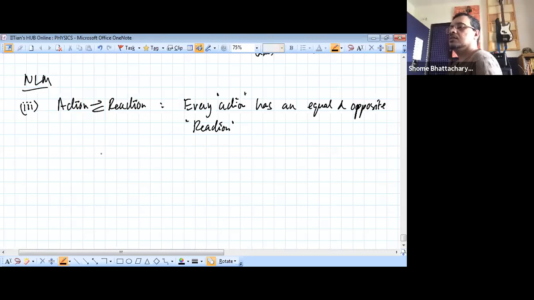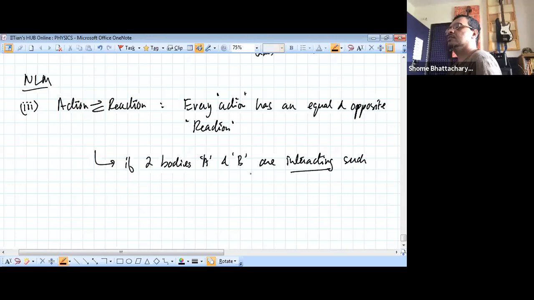What this means is that if two bodies, let's say A and B, are interacting, now I'll explain what we mean by interacting also, such that A applies a force on B, which we denote with the force on B because of A. So we'll write it as F B comma A.